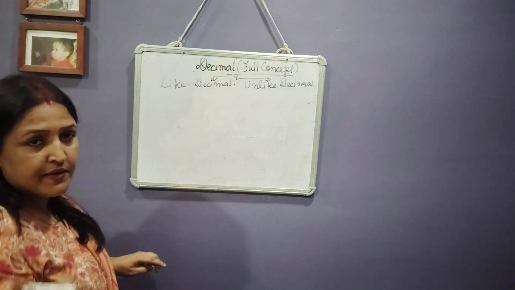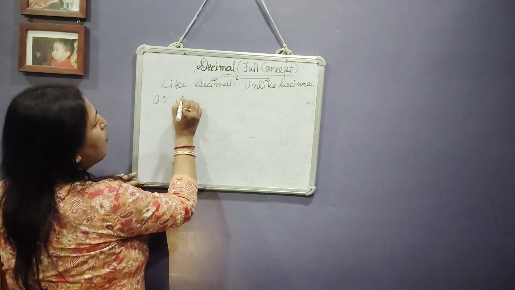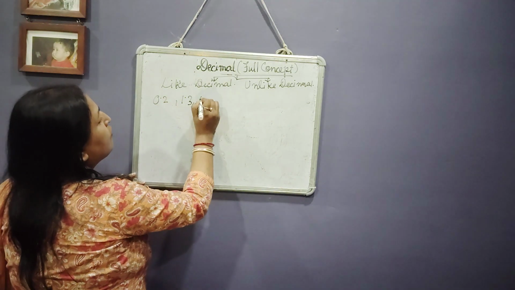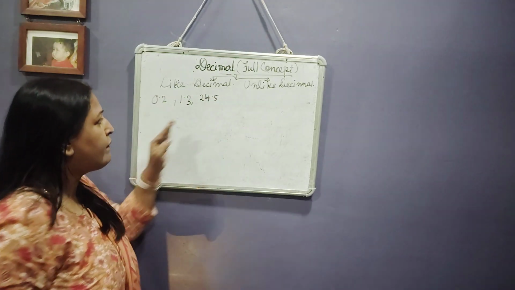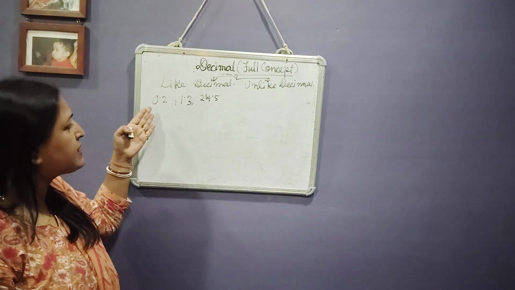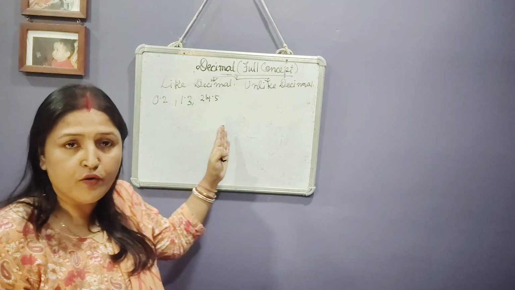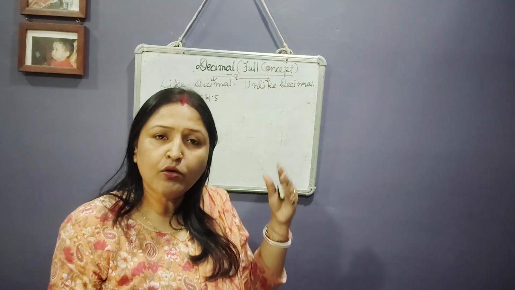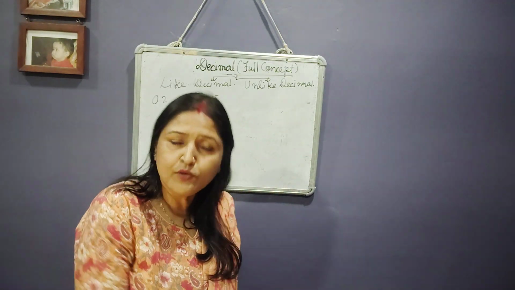Now for a like decimal example, say for example 0.2, 1.3, 24.5. I have written some decimal numbers. You just notice the numbers. Can you find any similarity in these numbers? Yes, there is one similarity.